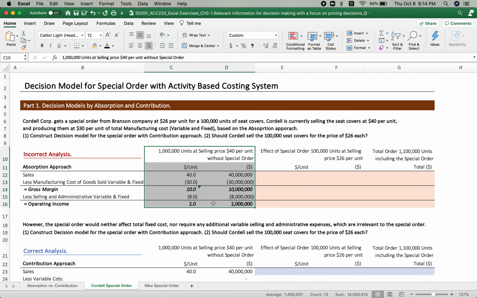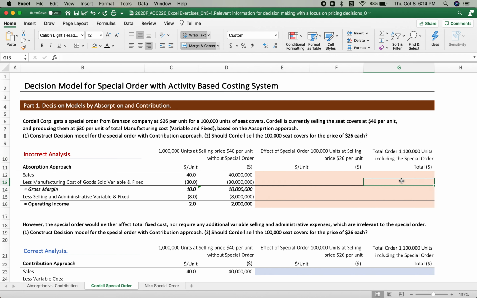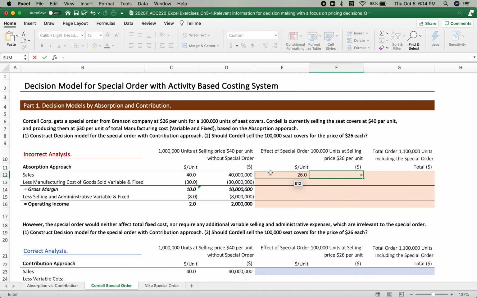This part is already given information, and this part is additional: the special order, 100,000 units at $26 price, and the total is just multiplied by 100,000.